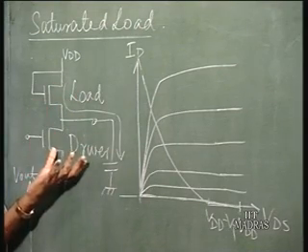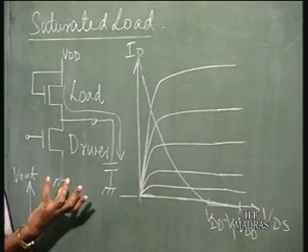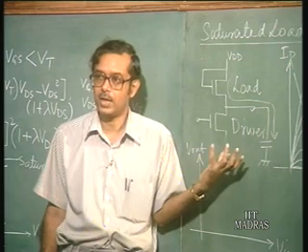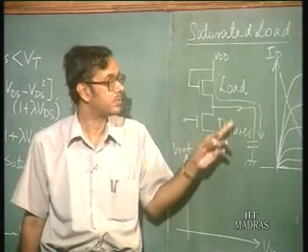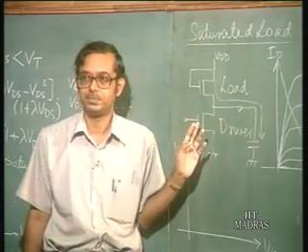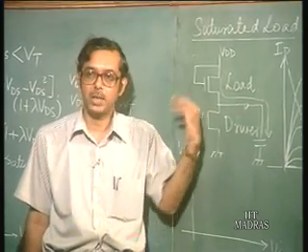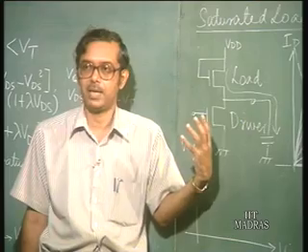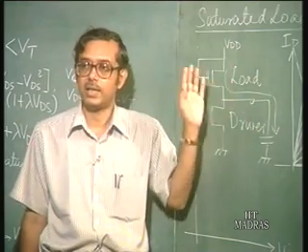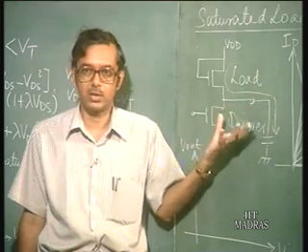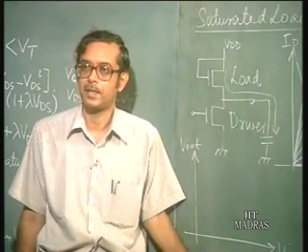So, the voltage across the capacitance cannot rise any further. The output voltage of this type of configuration is going to be equal to VDD minus VT. It can never go above VDD minus VT, because if it has to, the current has to be provided by the load device, which it cannot do when the source voltage goes beyond VDD minus VT.